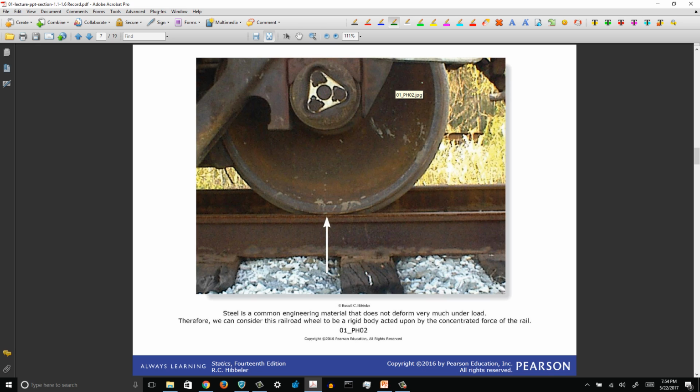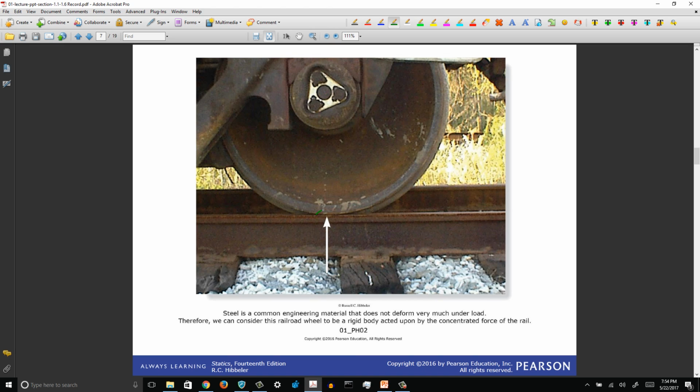This model is important because the body's shape does not change when a load is applied, and so we do not have to consider the type of material from which the body is made. In most cases, the actual deformations occurring in structures, machines, mechanisms, and the like are relatively small, and the rigid body assumption is suitable for analysis.